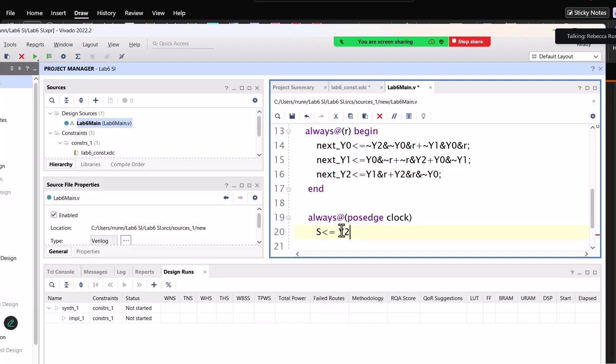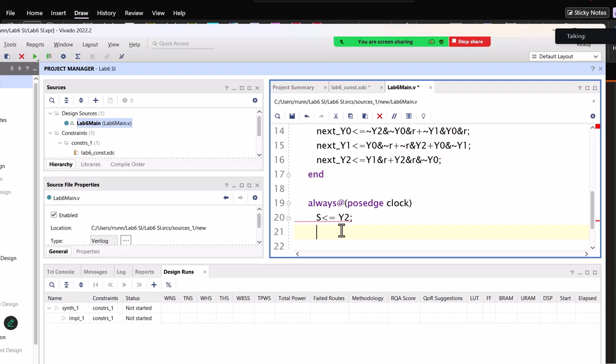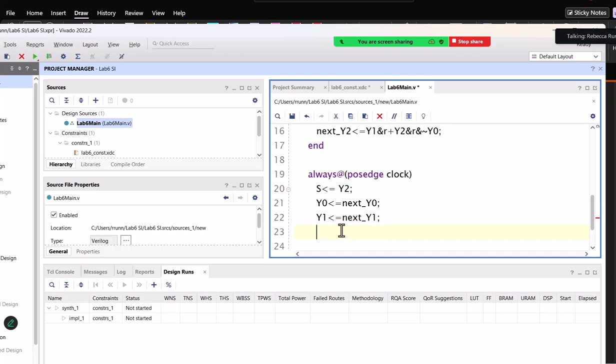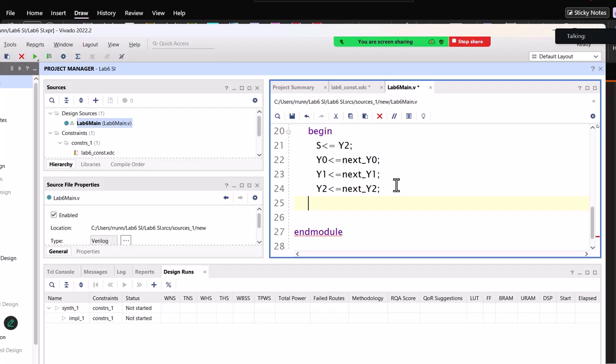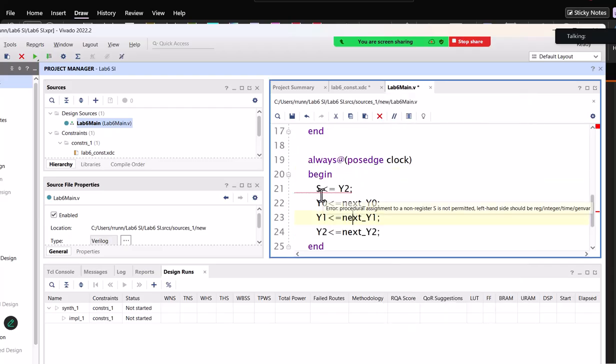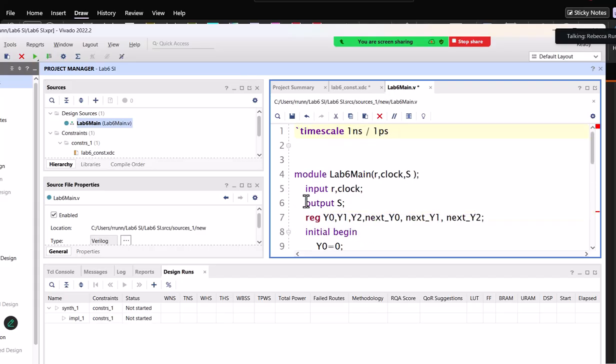S equals y2, and we'll make y0 equal to next y0, and we'll make y1 equal to next y1, and y2 equal to next y2. Oh, S needs to be a reg.